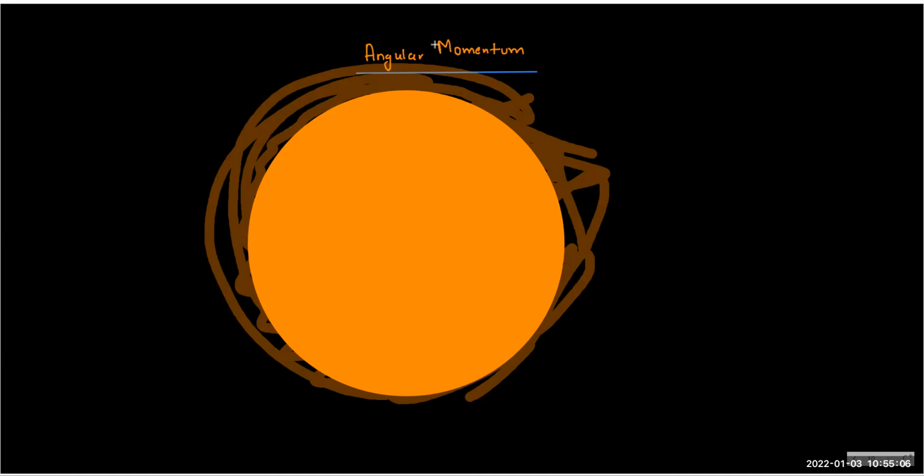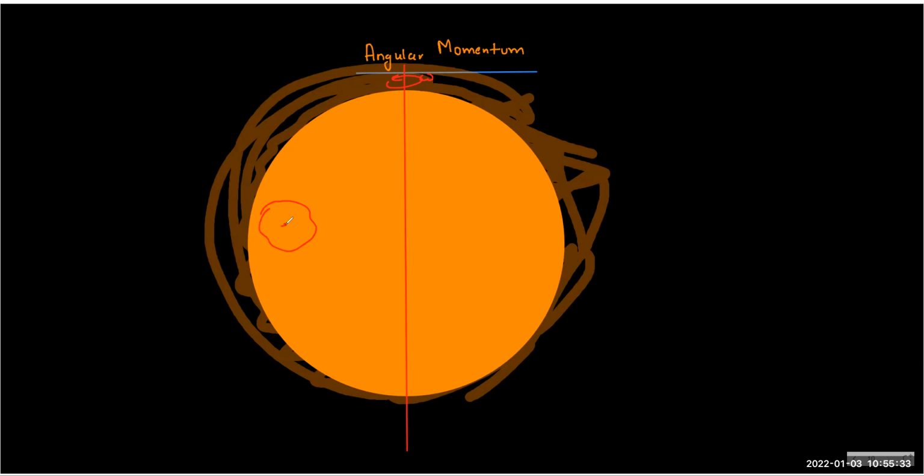Let's try to understand what was happening. In the very beginning, this hot object was spinning very fast. So omega was really, really fast. Just consider one part of this fireball. This may be the planet in the making. What happened?